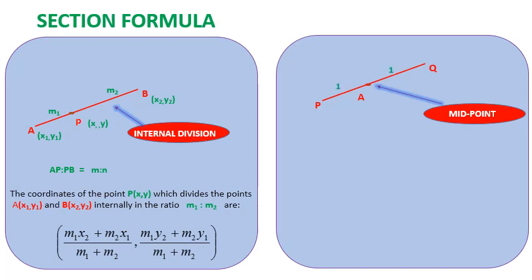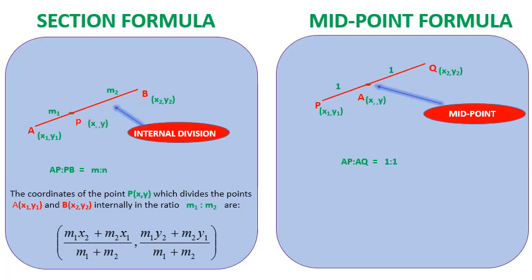In another way, if we say that the point A divides the line segment PQ in the ratio 1:1, we call it equal division. The coordinates of P are x1, y1, A are x, y, and Q are x2, y2. Means the point A divides PQ in the same ratio, that is AP is to AQ equal to 1 is to 1.